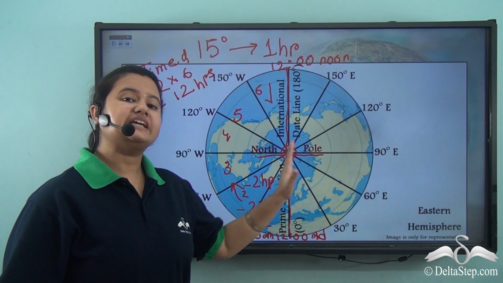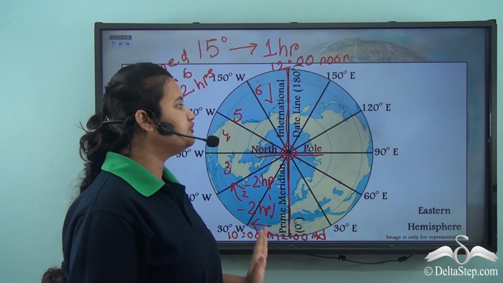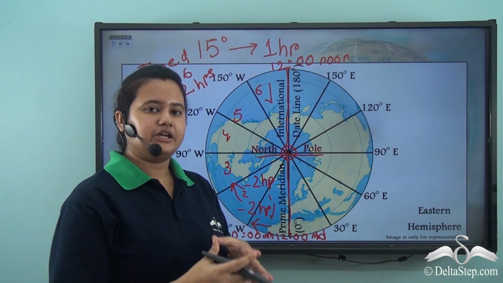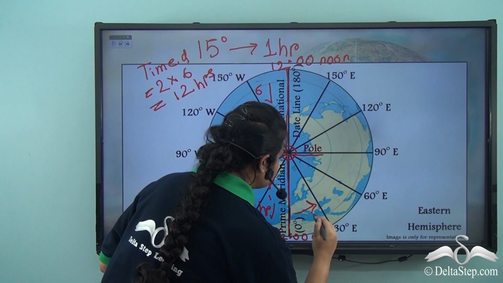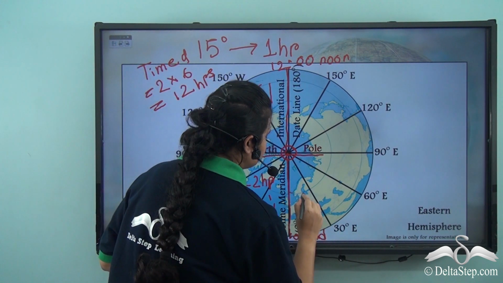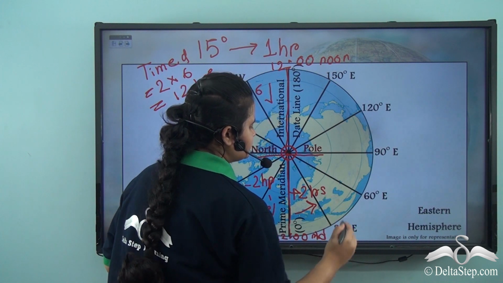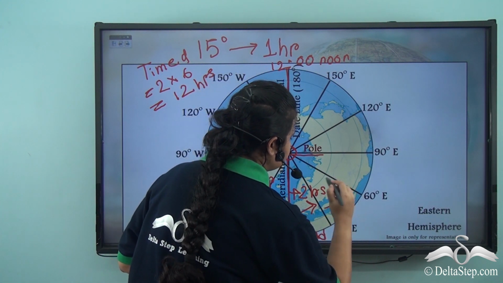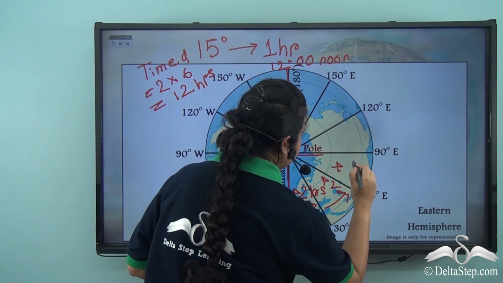Now what about the eastern hemisphere or the eastern side? Well, we know that if we move to the east, then time increases. So if we move 30 degrees east of the prime meridian, then time would increase by 2 hours. Similarly, for this one, the time will increase by 2 hours. Again, it will increase by 2 hours.